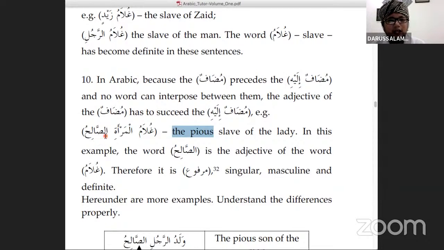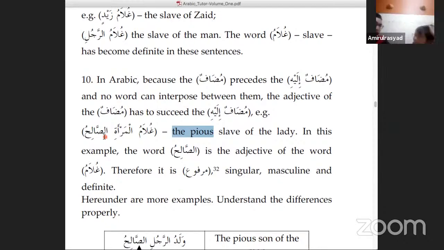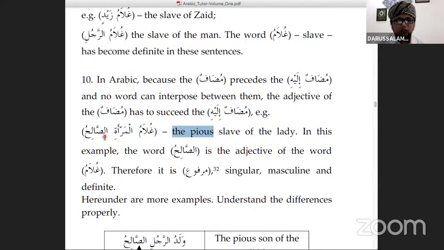That's why you have as-salih. You see? Alif lam there. Alif lam as-salih. Ghulam al-mar'ati as-salih. Okay? Understand? Yes. Okay. What else?